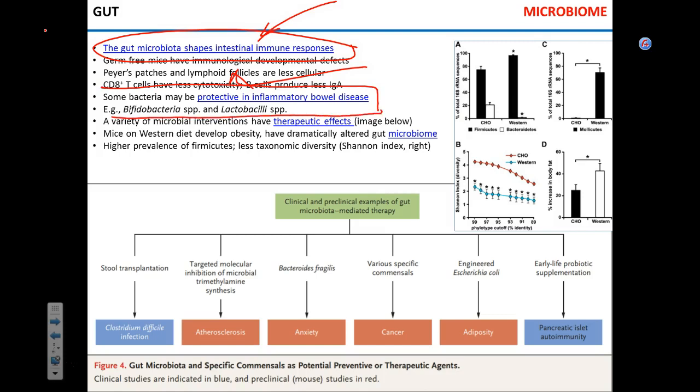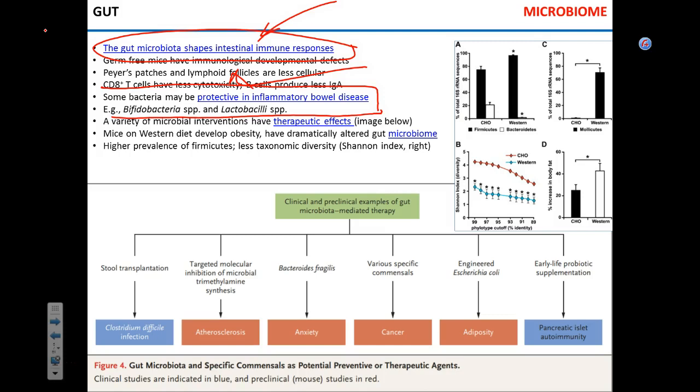Generally, bifidobacteria and lactobacilli, which can be found in products like yogurt, kefir, buttermilk, and other products of milk fermentation. We often call those products probiotic, right? And there are studies showing that probiotics actually reduce the symptoms of intestinal inflammation in people with IBD.